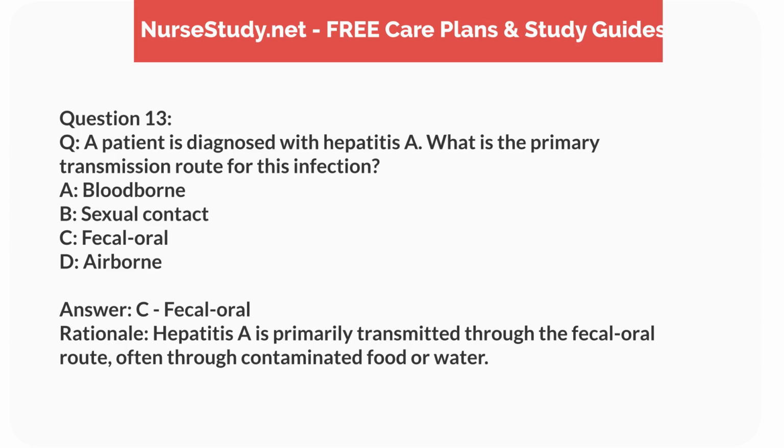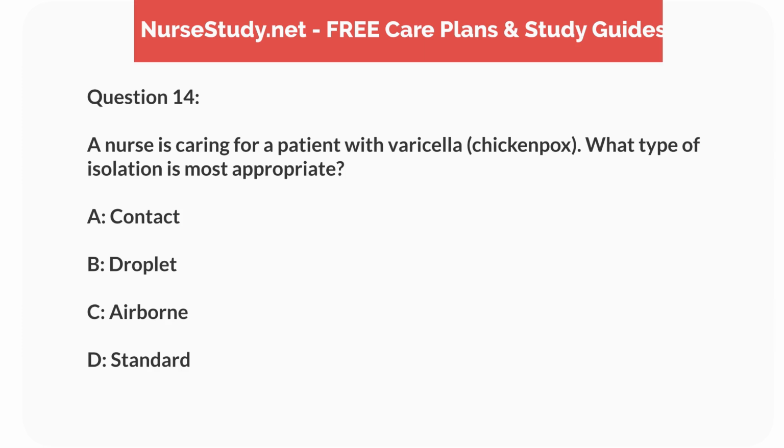Answer. C. Fecal-oral. Rationale. Hepatitis A is primarily transmitted through the fecal-oral route, often through contaminated food or water. Question 14. A nurse is caring for a patient with varicella, chickenpox. What type of isolation is most appropriate?